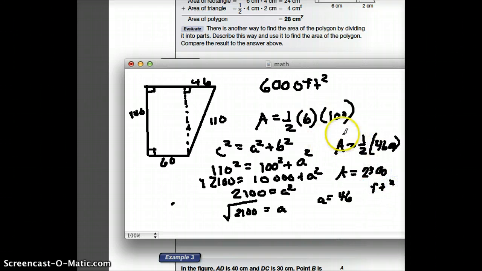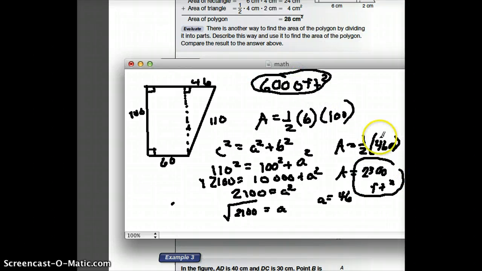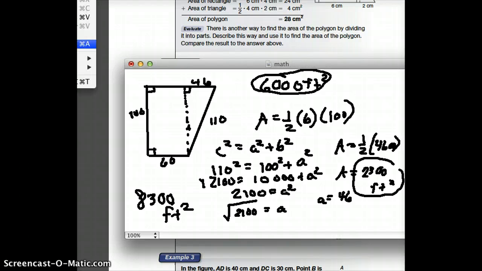Add 2,300 and 6,000 together, and you get your answer: the area of the entire figure is 8,300 feet squared. So that's what you do. You make the cut, find the area of the rectangle, the area of the triangle, and then you are done.